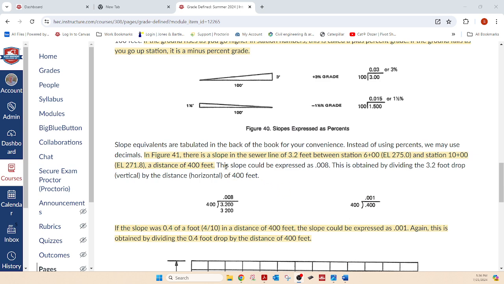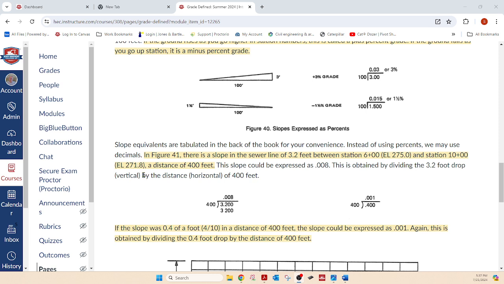It's saying that in figure 41, there is a slope in the sewer line of 3.2 feet between station 6 plus 00, which is 600, at elevation 275, and station 10 plus 00, which is 1000, and it's at elevation 271.8.